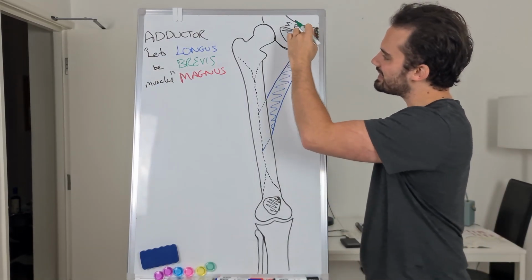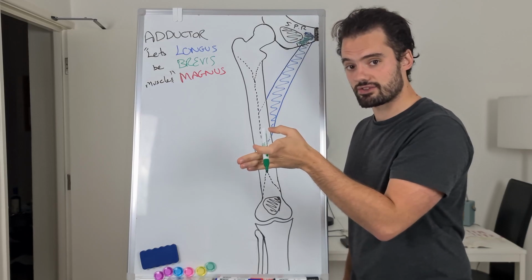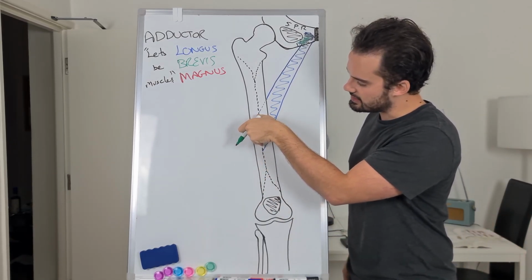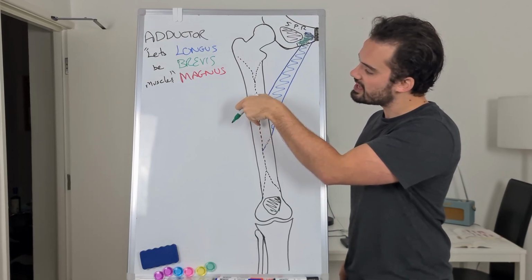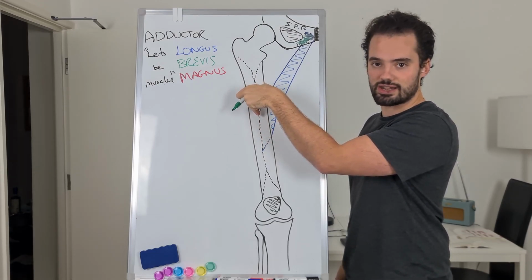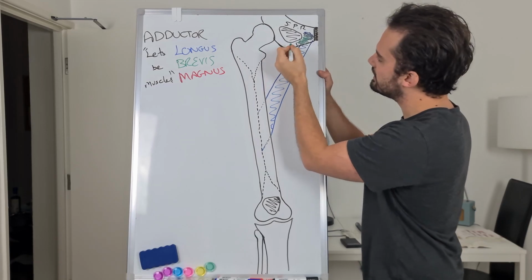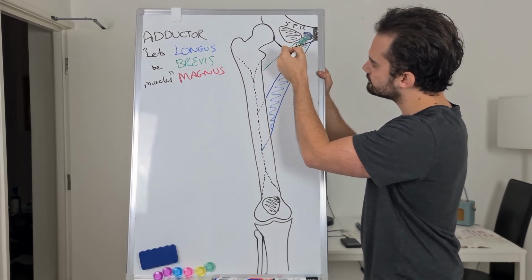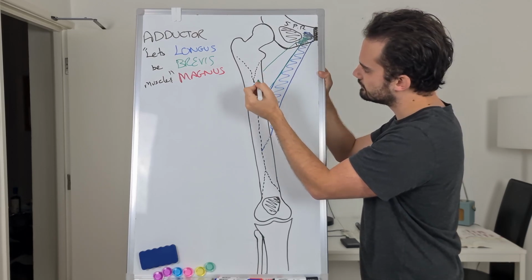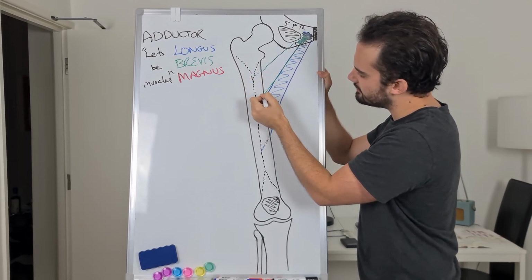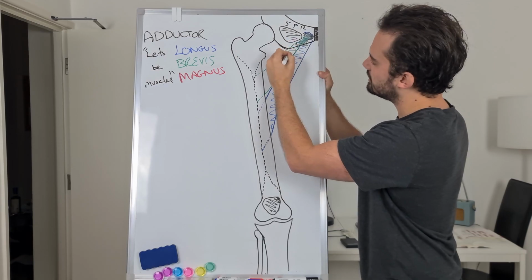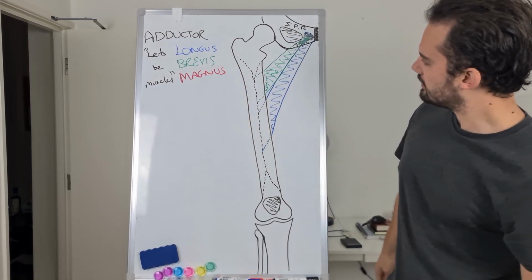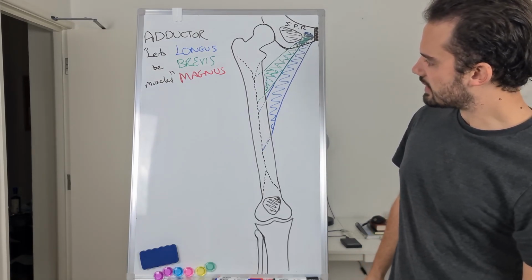But again, it's going to go down and behind the femur, and because it's shorter, it's not going to be the middle third of the linea aspera, it's going to be slightly higher up, because it's a shorter muscle. So we're going to go down here, and then behind the femur to insert onto the back. Nice and easy.